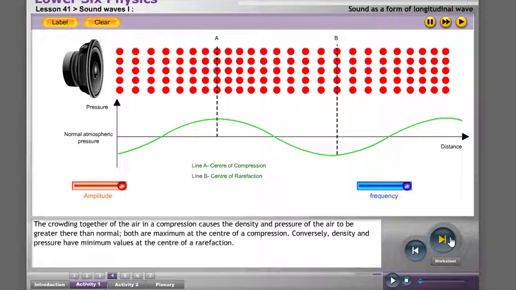The crowding together of the air in a compression causes the density and pressure of the air to be greater there than normal. Both are maximum at the center of a compression. Conversely, density and pressure have minimum values at the center of a rarefaction.